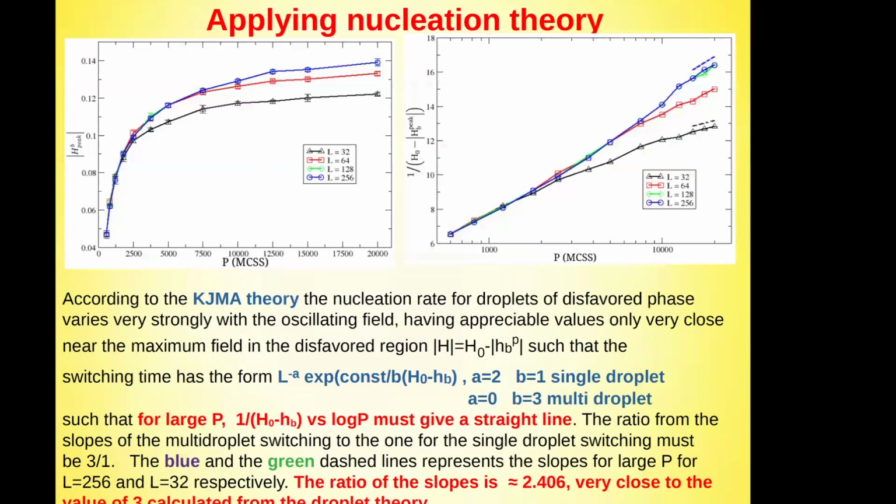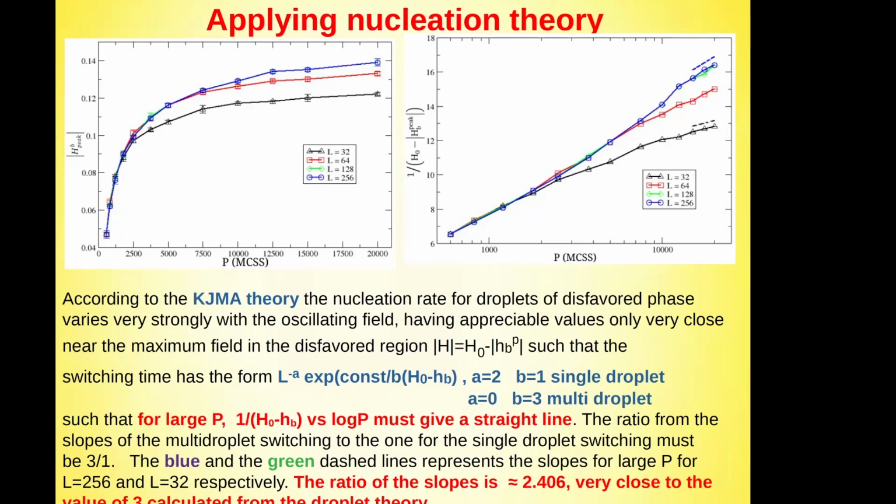And again, we want to be more quantitative and plot the location of the peak for different sizes. Here we plot what we expect from nucleation theory: the quantity one over H0 minus HP.